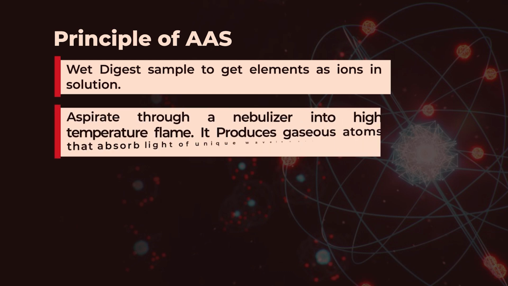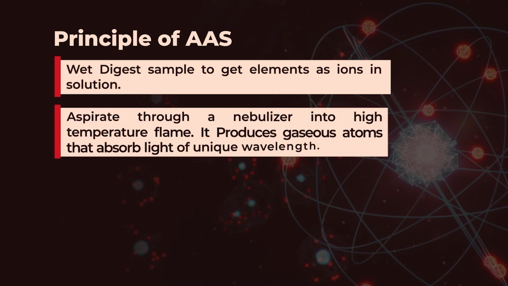That solution is aspirated through a nebulizer into the high temperature flame. All ions present in the solution get converted into their gaseous form, gaseous atoms, and those gaseous atoms are ready for absorbing the light which is coming from the cathode lamp.